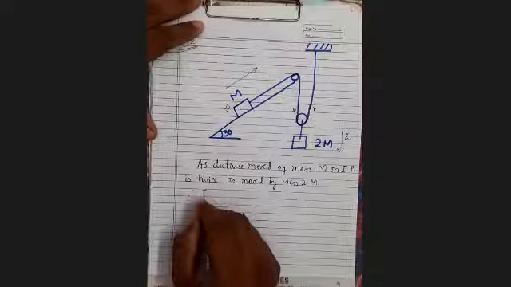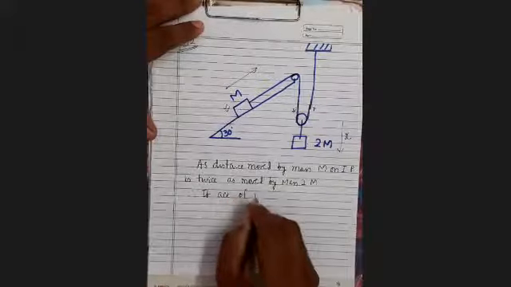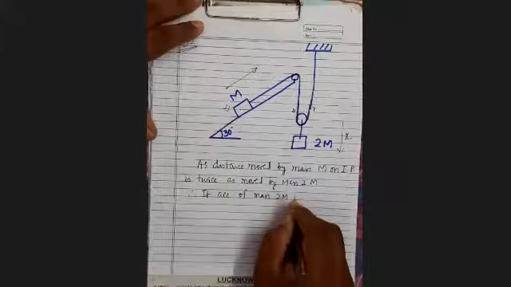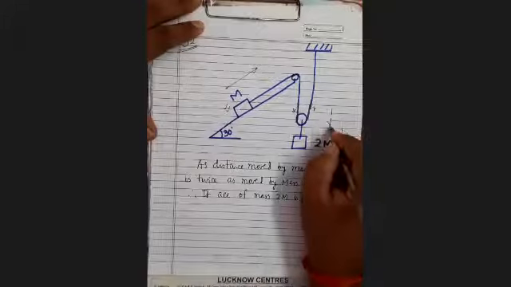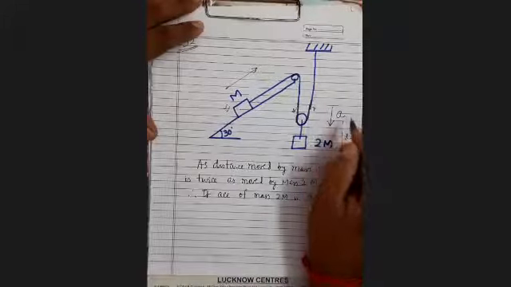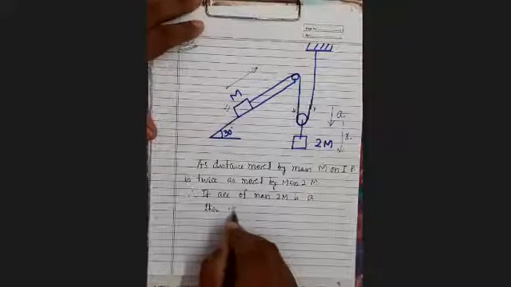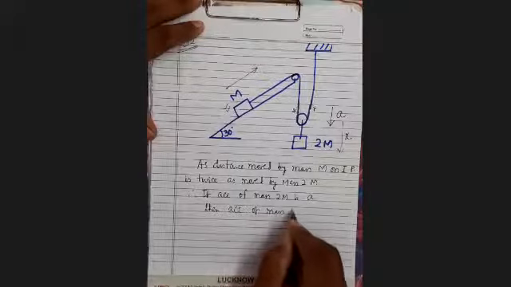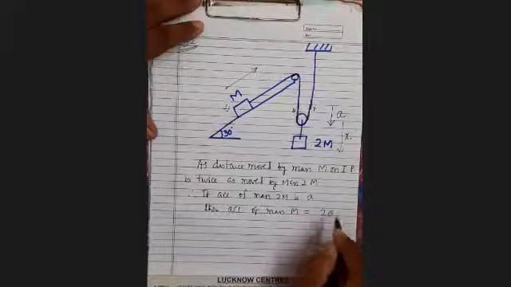Therefore, if the acceleration of mass 2m is a, if we assume it is a and it goes downward, then the acceleration of mass m will become 2a.